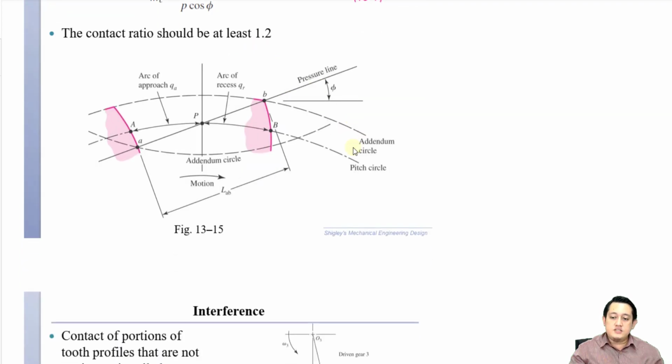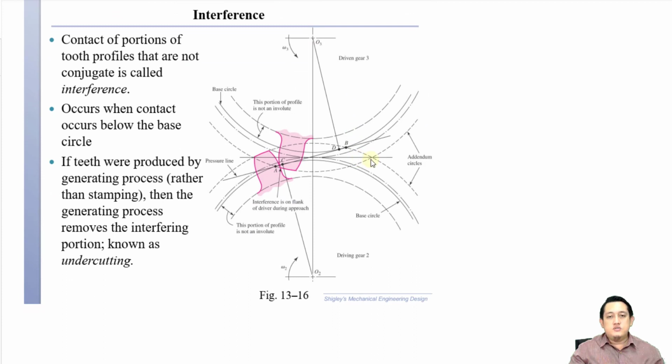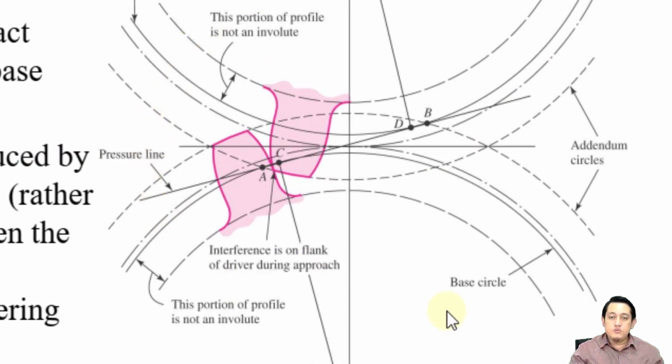So let's check the interference. What is interference? Interference occurs when the contact occurs below the base circle. Please refer to this image here. If you look closely at both teeth, this line here is the base circle.